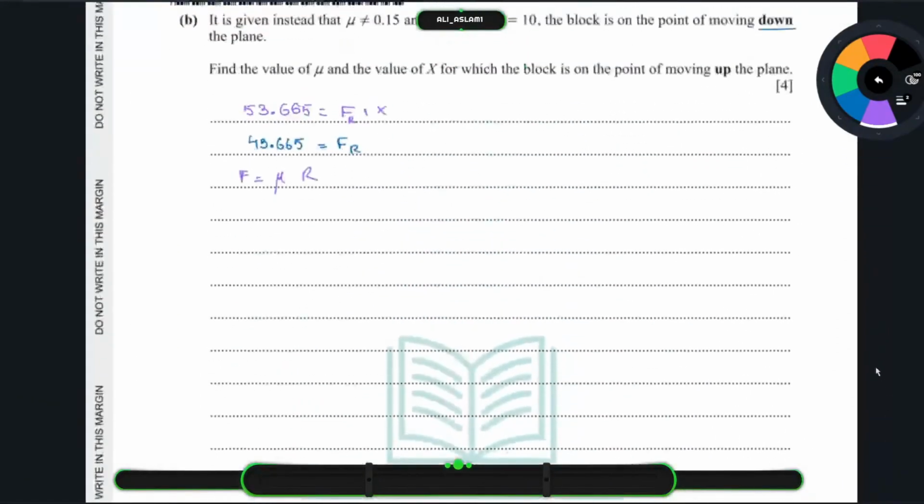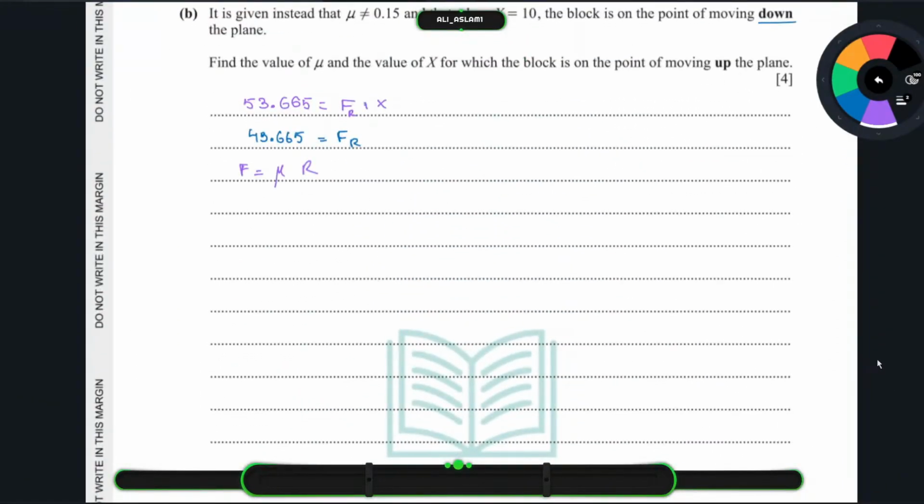So 43.665 divided by 48 root 5, that is 0.40. So mu is 0.40 now, 0.4068, which is 0.407.